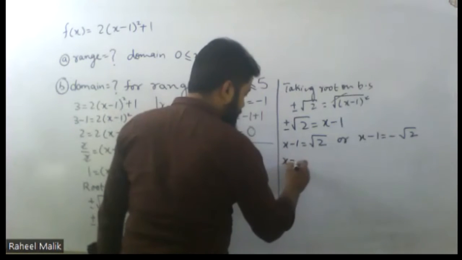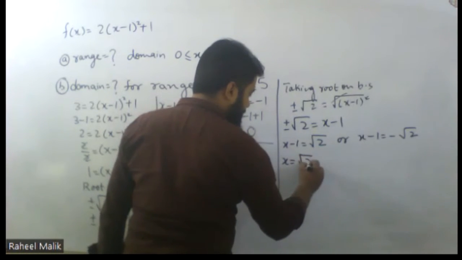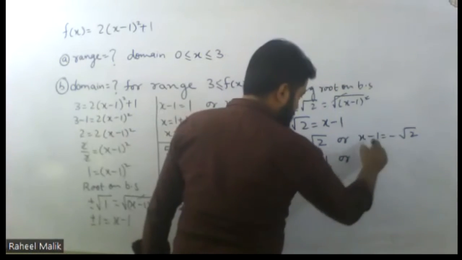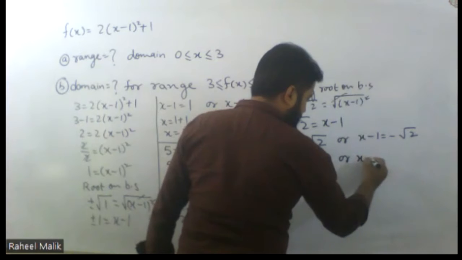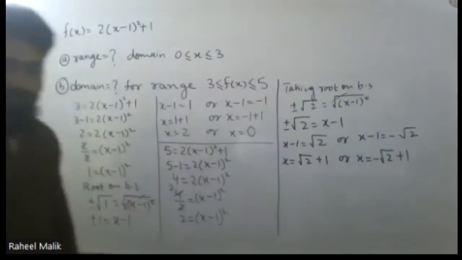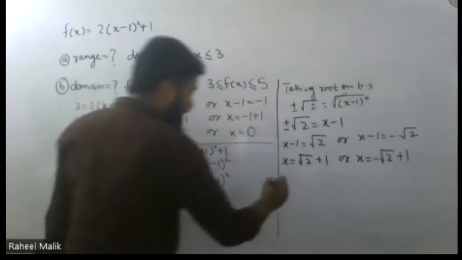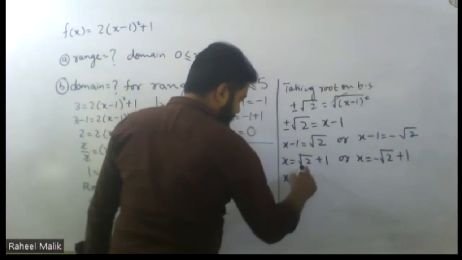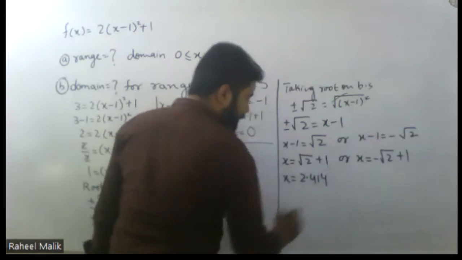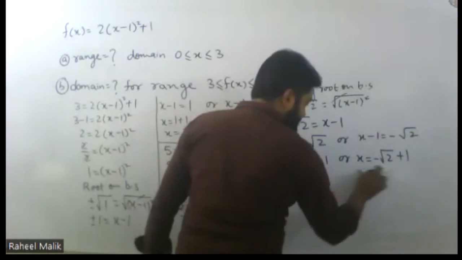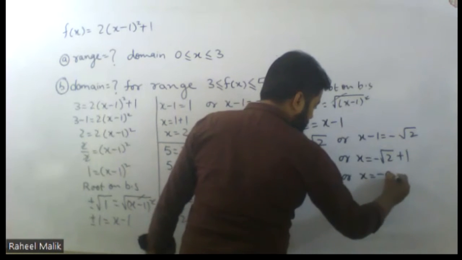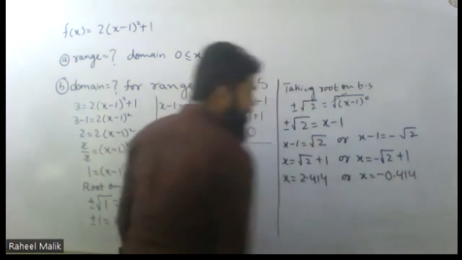So x equals, 1 shifted over here, will become under root 2 plus 1, or minus under root 2 plus 1. Now, if I simplify this one, the result of this part will become 2.414, and if I take this one, the result will become x equals minus 0.414.